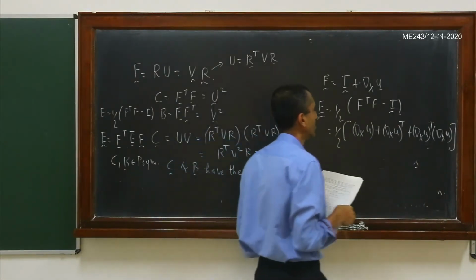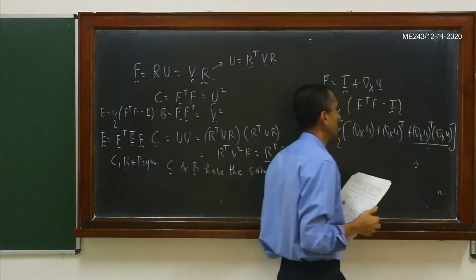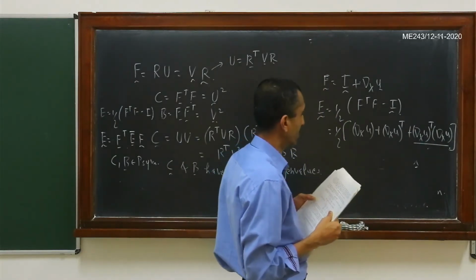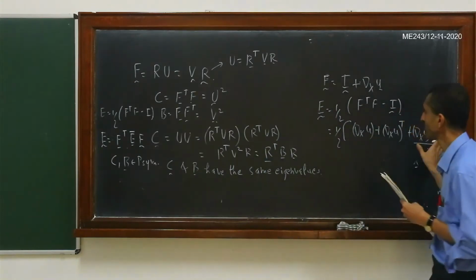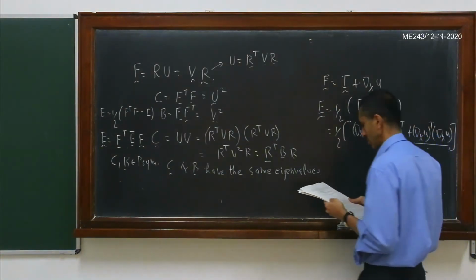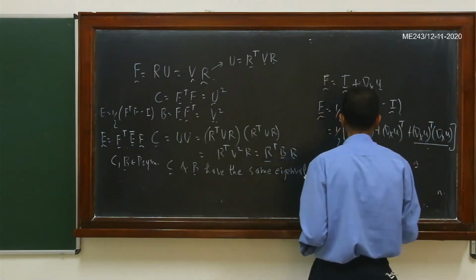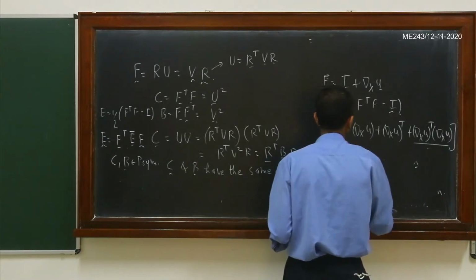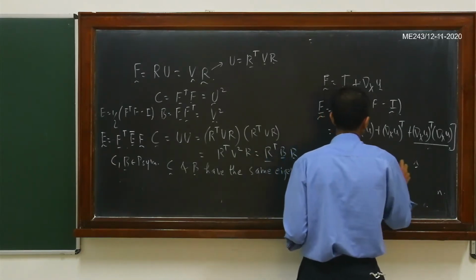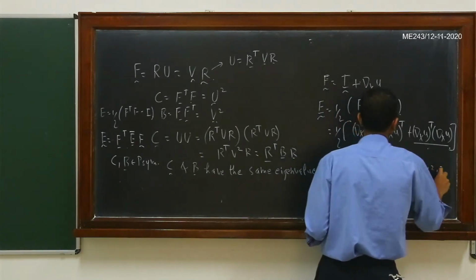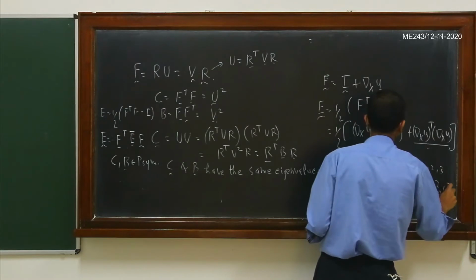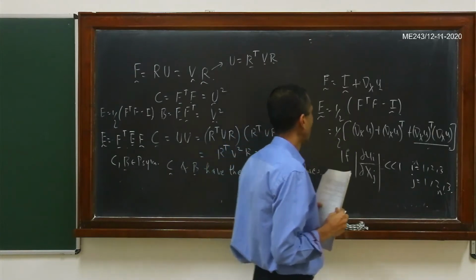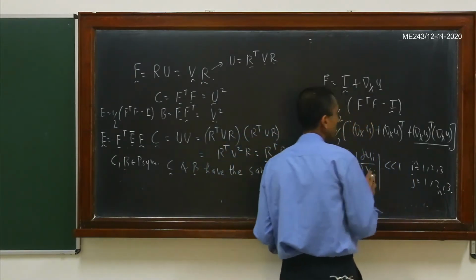Then you can see that there are nonlinear terms in the strain displacement relation. As an approximation, if you drop this particular term, let me define the linear strain tensor also, since we are at this point. If the norm of del Ui by del xj is much smaller than 1 for i equal to 1 to 3 and j equal to 1 to 3, then we can drop this term. Remember this is much smaller than 1 because it is a non-dimensional quantity.